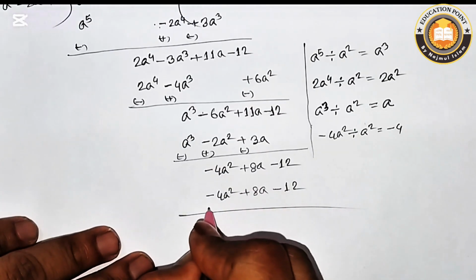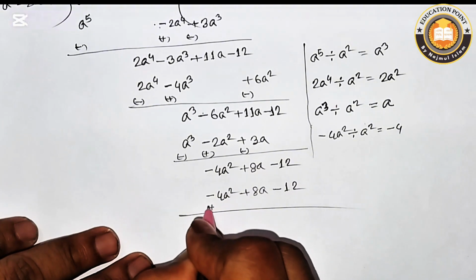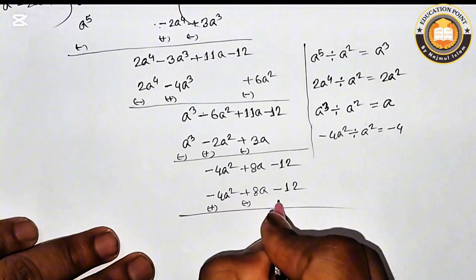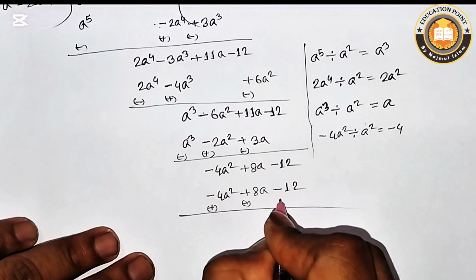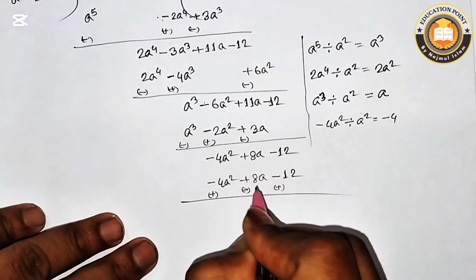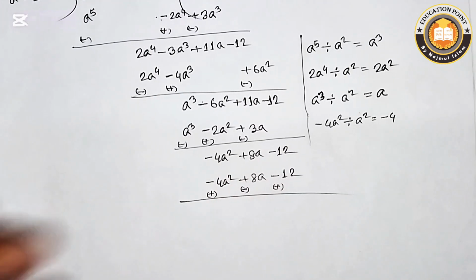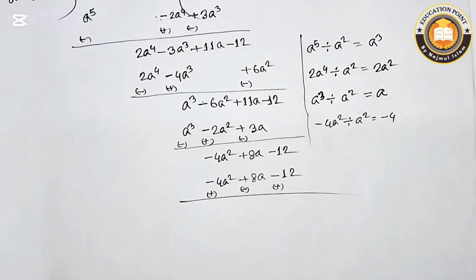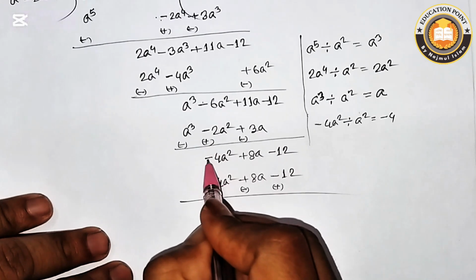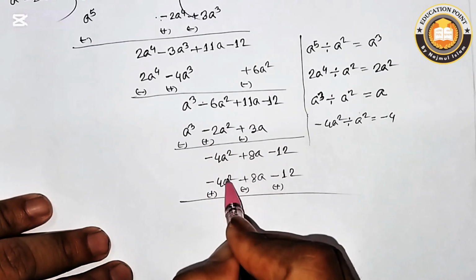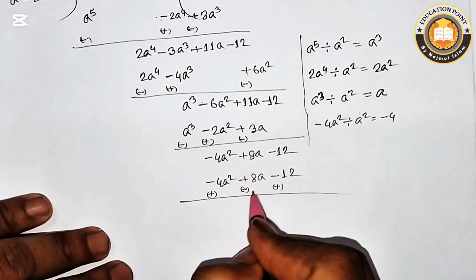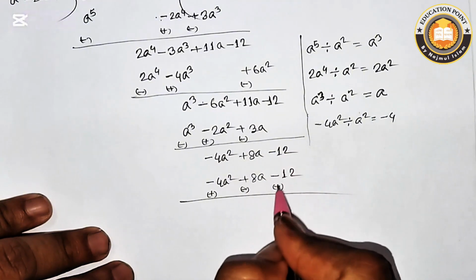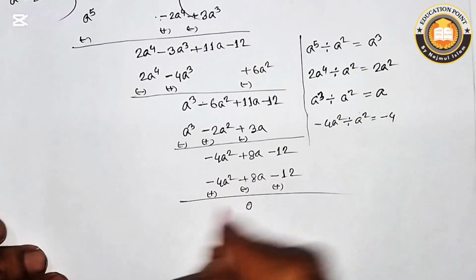According to the division law, their sign will be changed. Now minus 4a square plus 4a square equals 0, plus 8a minus 8a equals 0, minus 12 plus 12 equals 0.